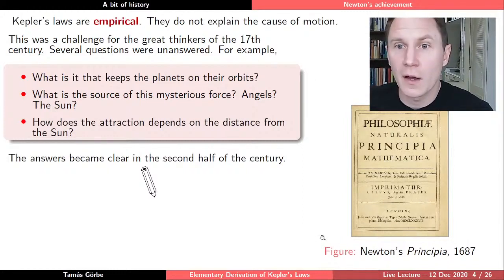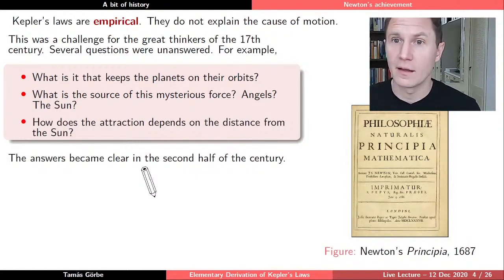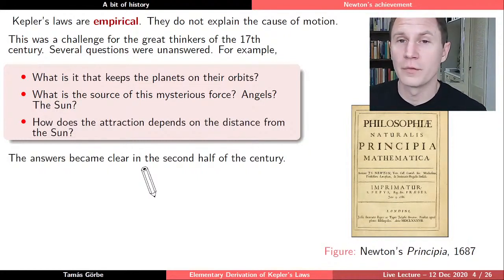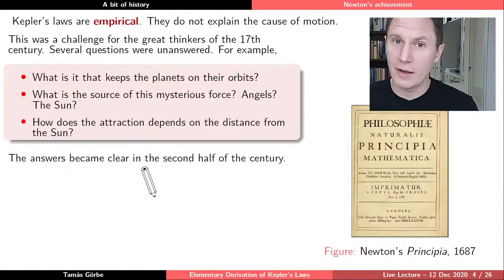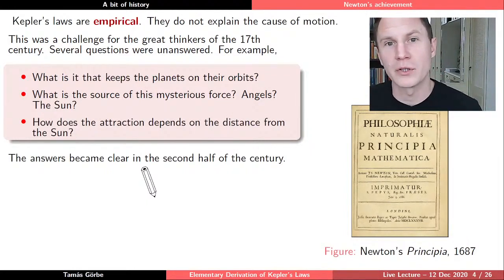It's Newton's Principia from 1687. So this was his great work, in which among other things he derived Kepler's laws of planetary motion using his second law, the law of dynamics, F equals ma, and the universal law of gravitation, that gravity weakens with the square of the distance. It's inversely proportional to the square of the distance from the sun.